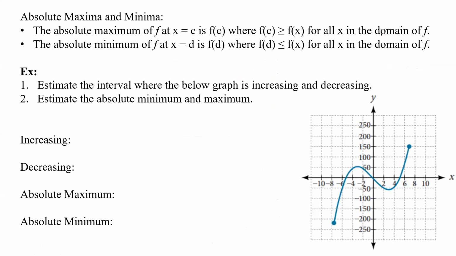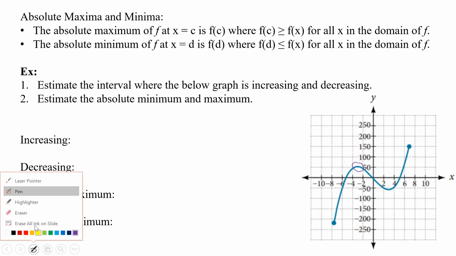Okay. And so what we're going to do here is find the absolute mins and maxes on this graph, as well as find the areas where it's increasing and decreasing. We've kind of done this before, but this is an actual plot out of, I think, the book. So absolute maximum is going to be about, oh, that's not the absolute max, that's just a global maximum.